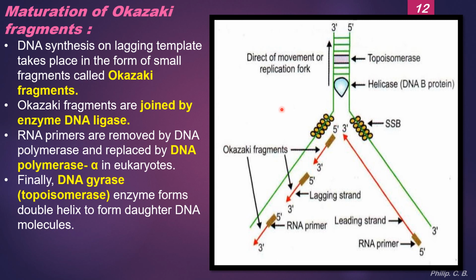So again here I put a simple image showing what we saw in the animation earlier: the direction of movement of the replication fork, the topoisomerase, the helicase, the DnaB protein, the SSB protein, Okazaki fragments on the lagging strand in the 3' to 5' direction, RNA primer, and the leading strand or the continuous strand, as we see, with the RNA primer.